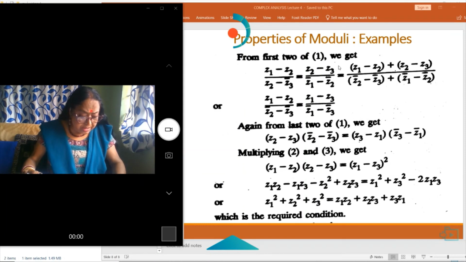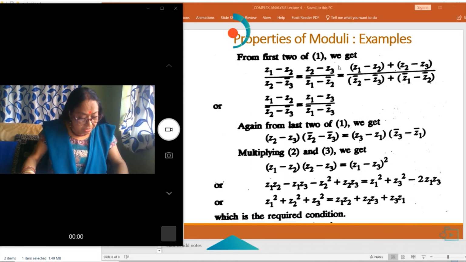This can also be written by adding numerator and denominator: Z1 minus Z2 plus Z2 minus Z3 divided by Z2 bar minus Z3 bar plus Z1 bar minus Z2 bar. After calculation, it gives Z1 minus Z2 divided by Z2 bar minus Z3 bar is equal to Z1 minus Z3 divided by Z1 bar minus Z3 bar.